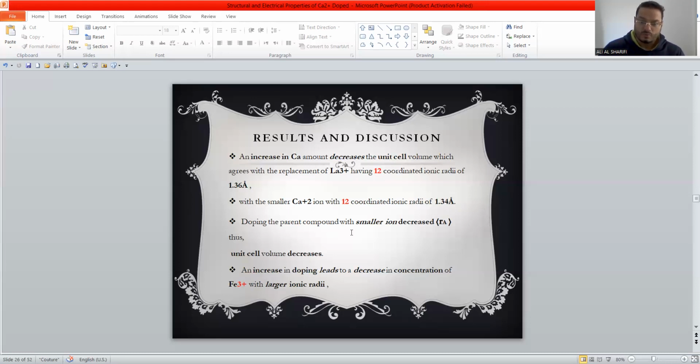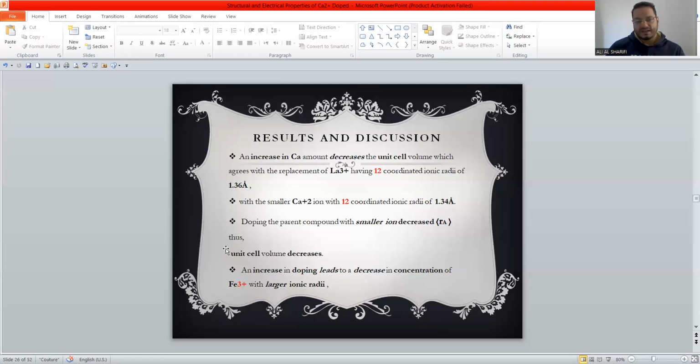Doping the parent compound with a smaller ion will decrease the ionic radius. That means when doping the parent compound with a similar ion, the ionic radius will decrease and the unit cell volume will decrease, all of them.